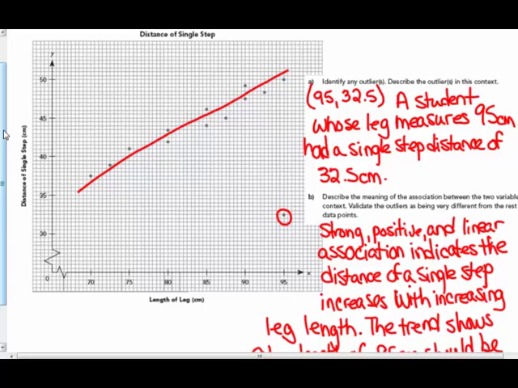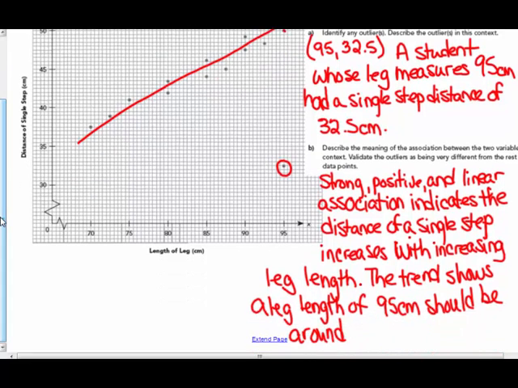If I'm following this red line that I drew in here, that looks pretty darn close to 50, or this point right here is 50. Should be around 50 centimeters, not 32 and a half.